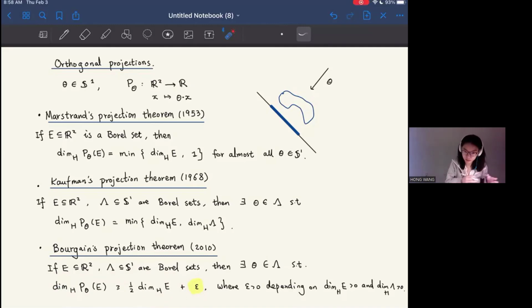So he first proved the discretized sum-product theorem, and then proved a more flexible version, that is the projection theorem. And also because of this epsilon, going back to the sum-product theorem, we know that the real field R does not contain a half-dimensional subring.